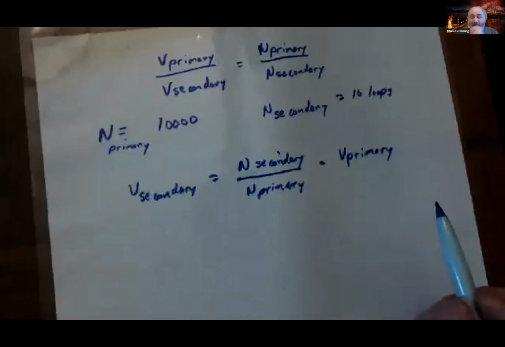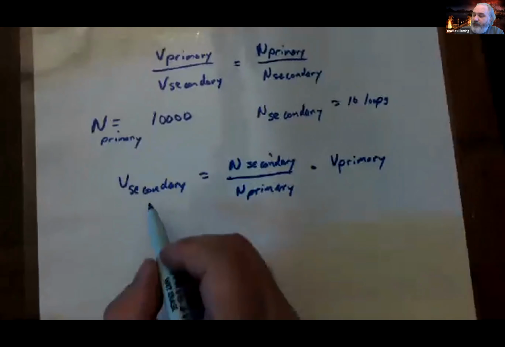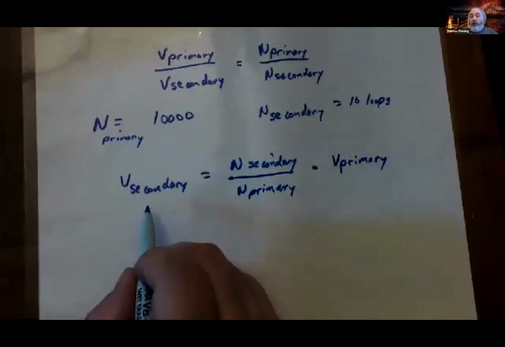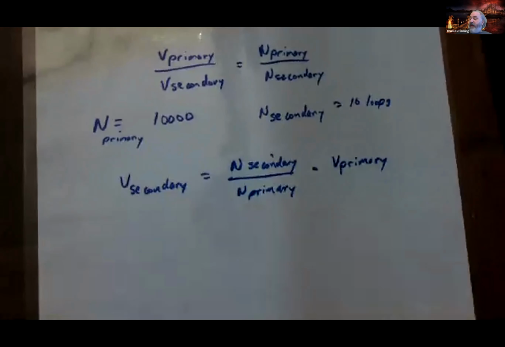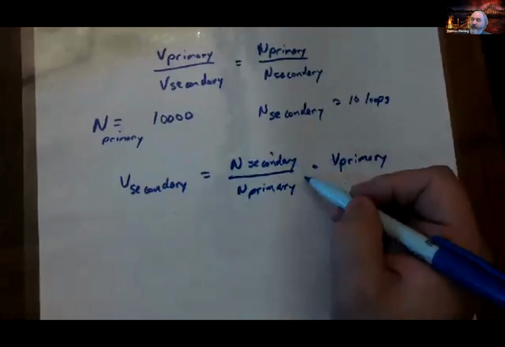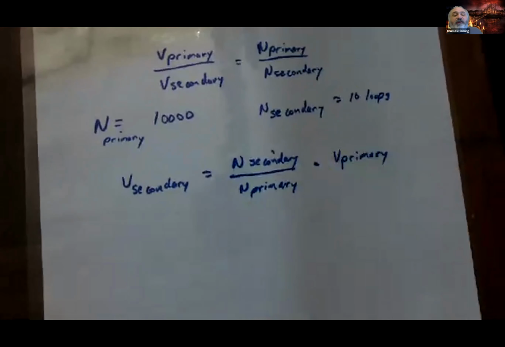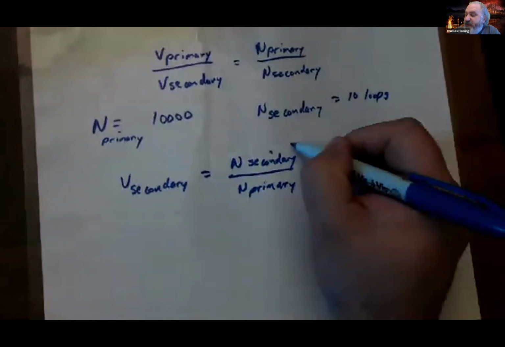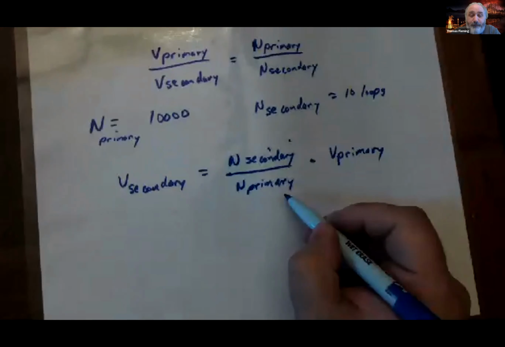And you'll notice that what's going to happen is the voltage I get in that secondary coil, the one that's connected to my house, is going to be whatever the primary voltage was times the ratio of this number of loops. And in this particular case here, this is only 10, whereas this is 10,000, right?